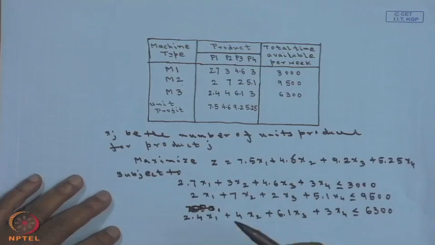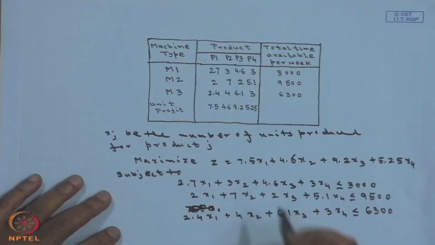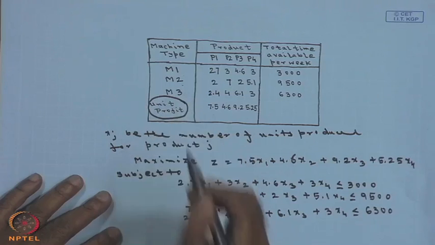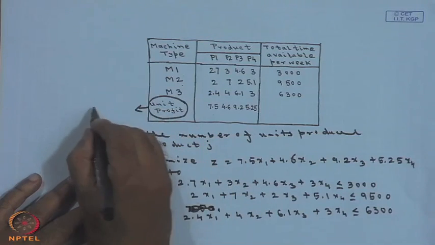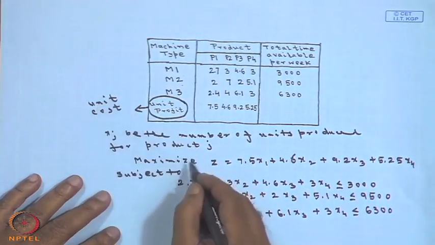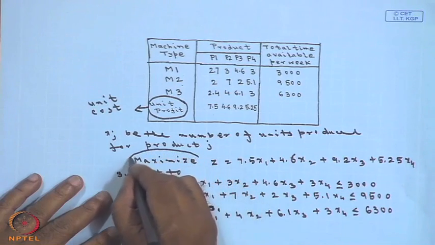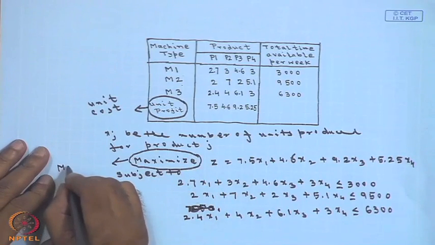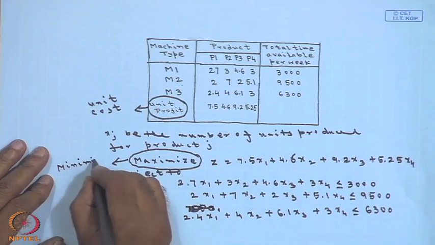So, through optimization techniques what we will try to learn is how to maximize or minimize a function subject to certain constraints. If instead of unit profit I write this portion as unit cost, in that case, instead of the maximization problem, obviously I will try to minimize my function, and maximize will be replaced by minimize.